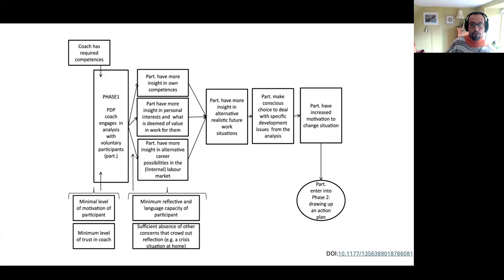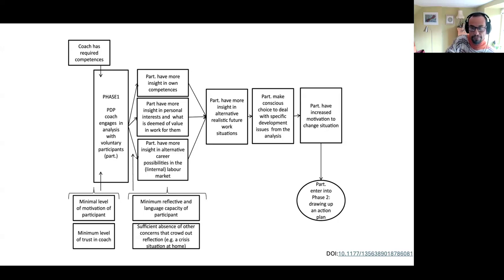Here is an example of a coach or a teacher that is trying to increase the motivation or change the situation of their students. Here would be a very common causal theory of change, where you see factors affecting the coach, for instance, the competencies of the coach, how motivated he is.